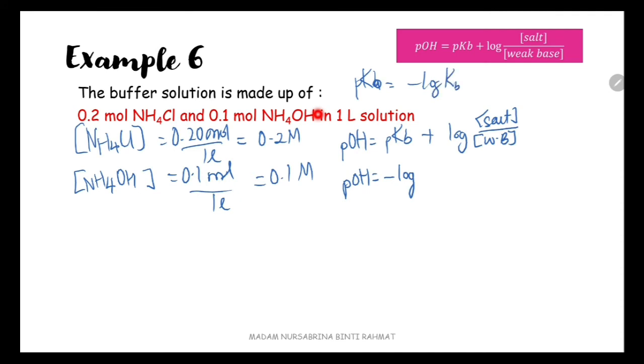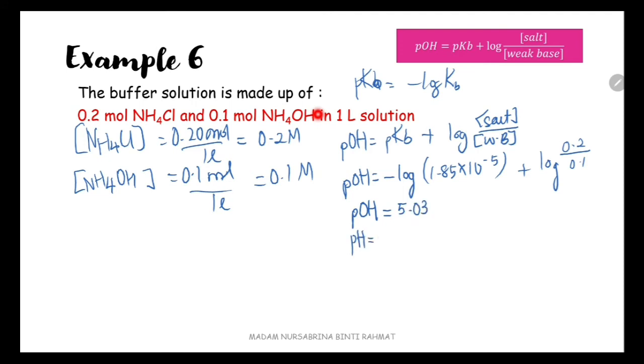Our Kb value given is 1.85 times 10 to the minus 5. Plus log the concentration of our salt, ammonium chloride, which is 0.2 molar, over our weak base, ammonium hydroxide, which is 0.1. So you will get your pOH to be 5.03.